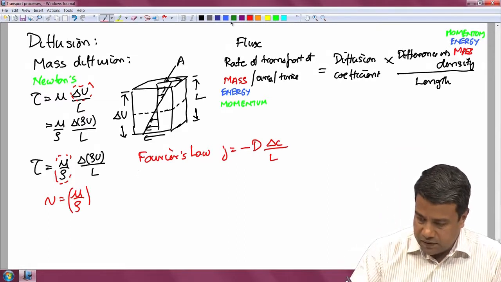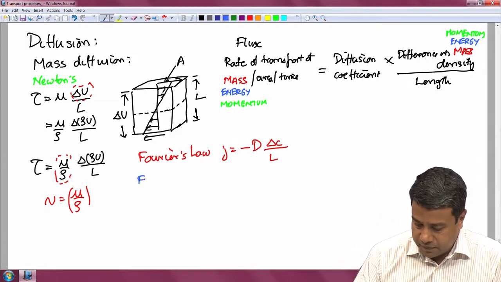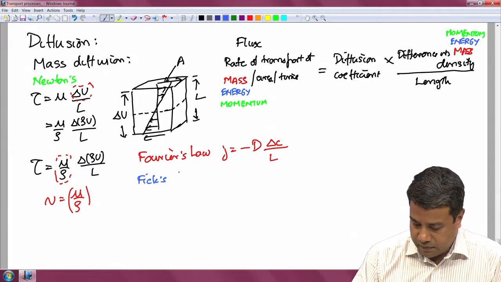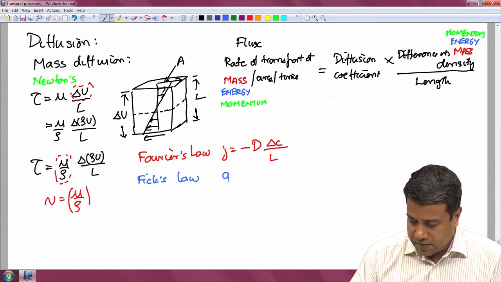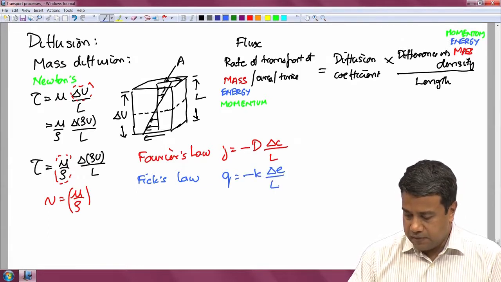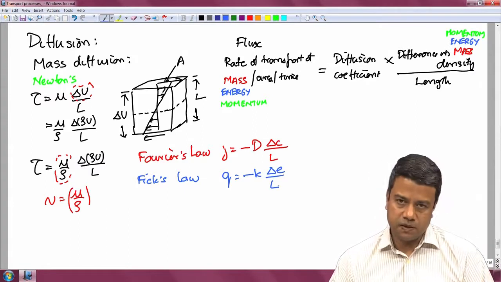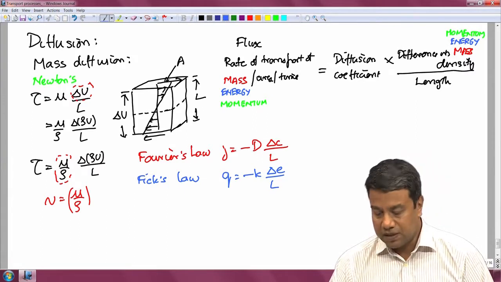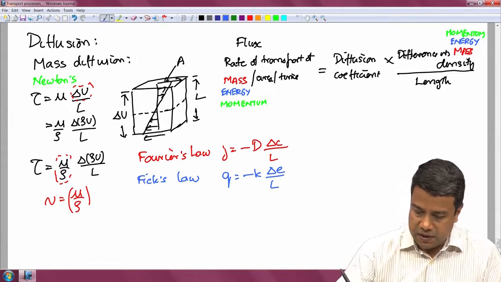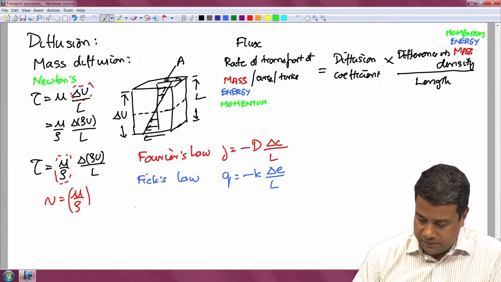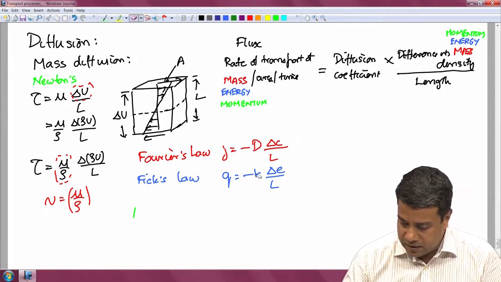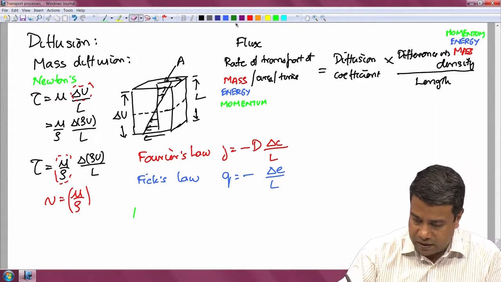Fourier's law of heat conduction can be expressed as Q is equal to minus alpha delta E by L. Q is energy transported per unit area per unit time, and E is the energy density. My apologies, it should not be K, it should be the diffusivity alpha.